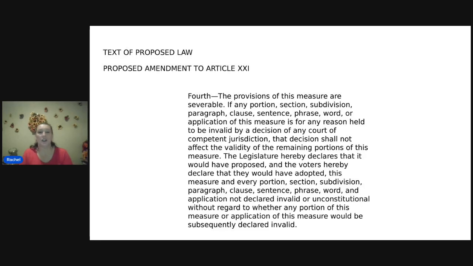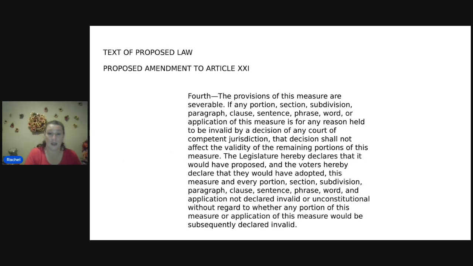The legislature hereby declares that it would have proposed, and the voters hereby declare that it would have adopted, this measure and every portion, section, subdivision, paragraph, clause, sentence, phrase, word, and application not declared invalid or unconstitutional, without regard to whether any portion of this measure or application of this measure would be subsequently valid.